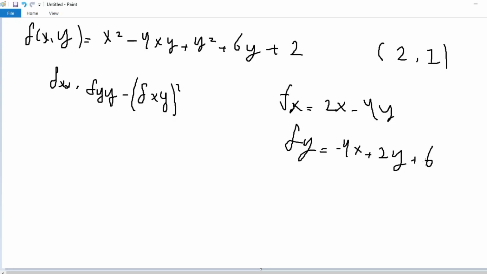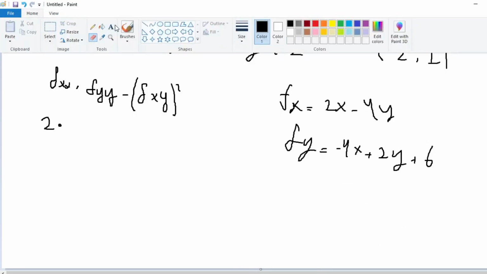Okay, so let's find the second partial derivative with respect to x, f double x. Here the 0 and here it's going to be 2. So we can write here 2. So let's delete the f double x and find the f double y.